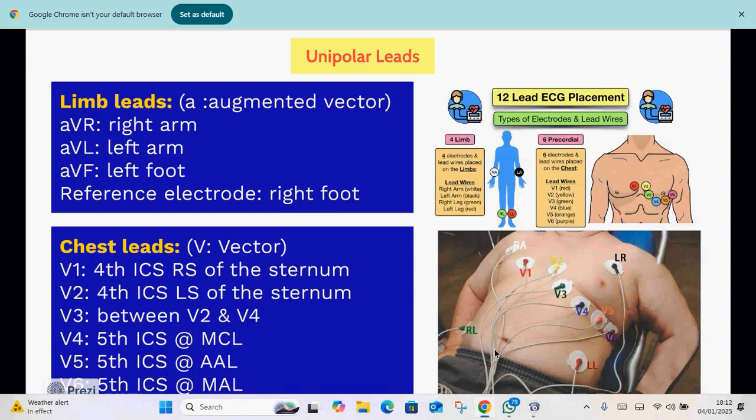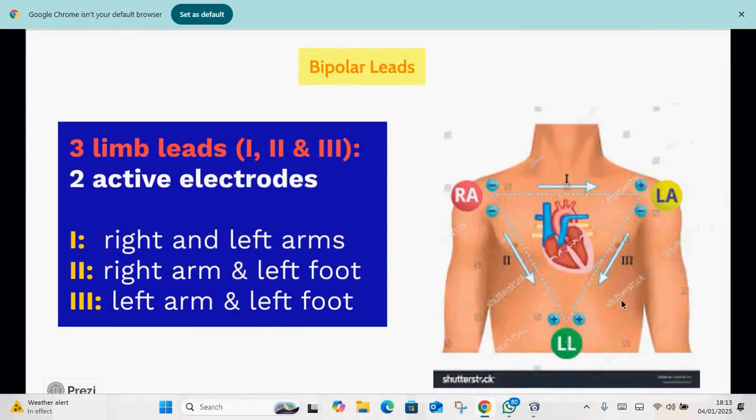These 10 electrodes will produce 12 leads. These 12 leads are divided into unipolar and bipolar. The unipolar leads are divided into limb 3 and chest 6, and the bipolar leads are divided into 3 leads called 1, 2, 3.